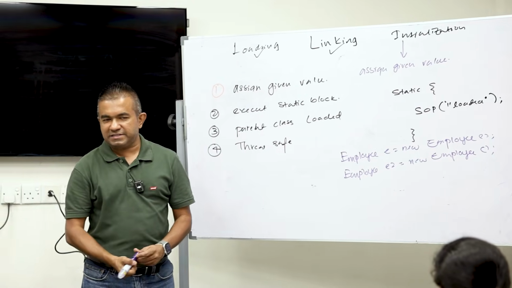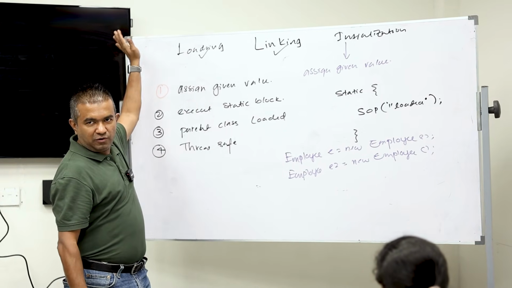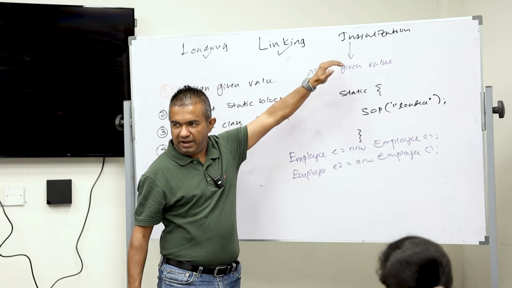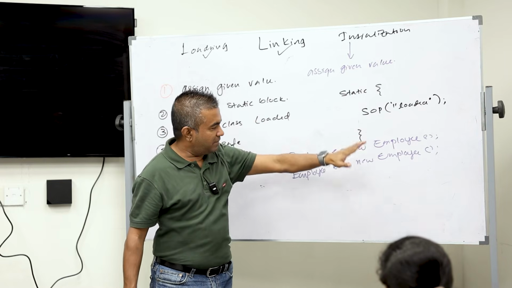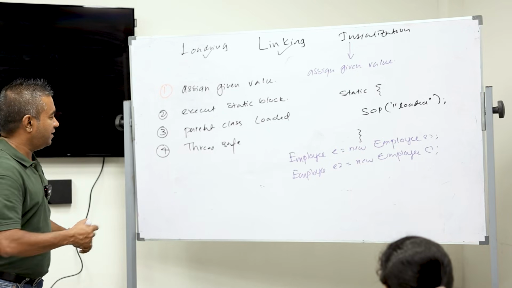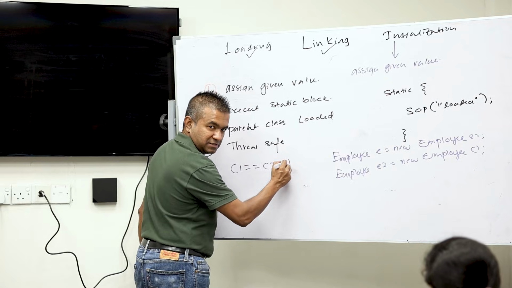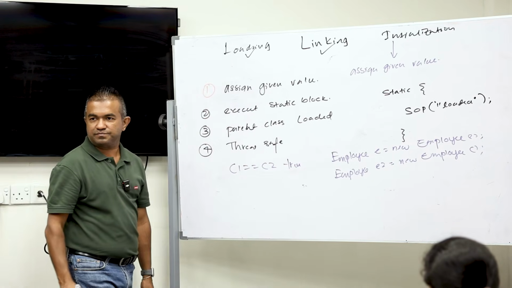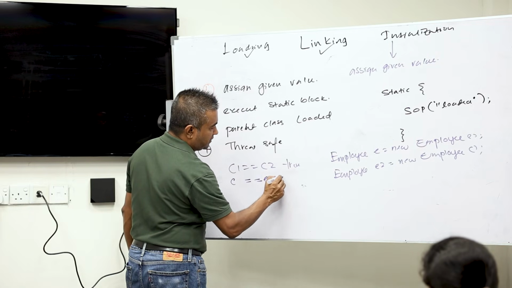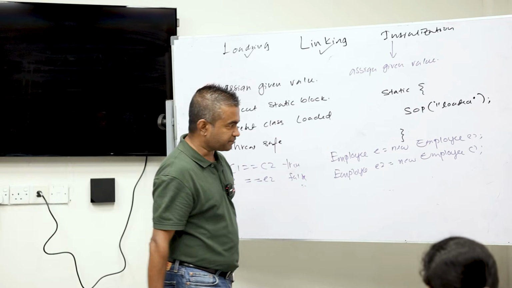We discussed that when you do the first one, it loads into the method area, creates a class type object, and creates the Employee object. But when you do the second one, it doesn't create that class type object. That is why when we compare C1 to C2, this returns true, but E1 to E2 returns false. Why? Because it's using the same class, it doesn't create it again.